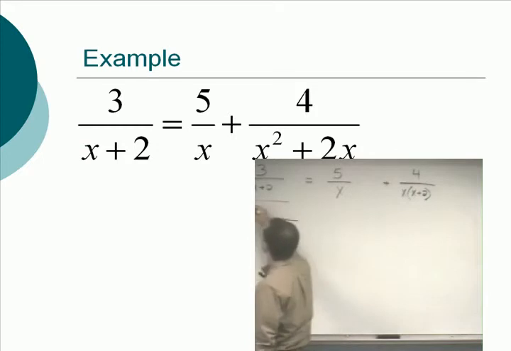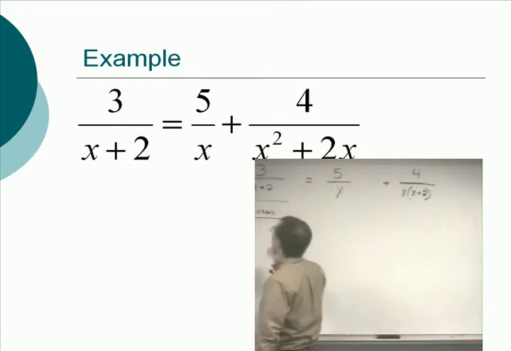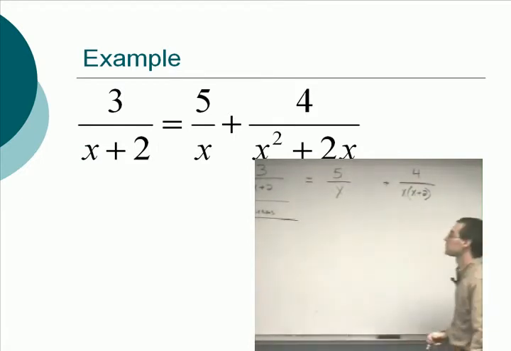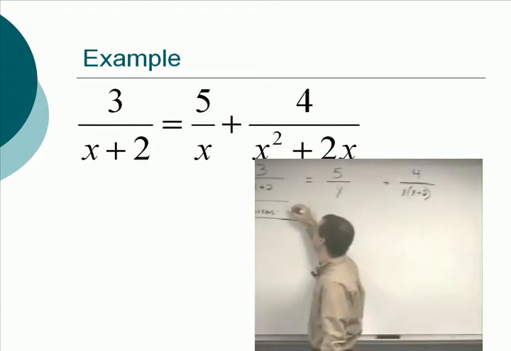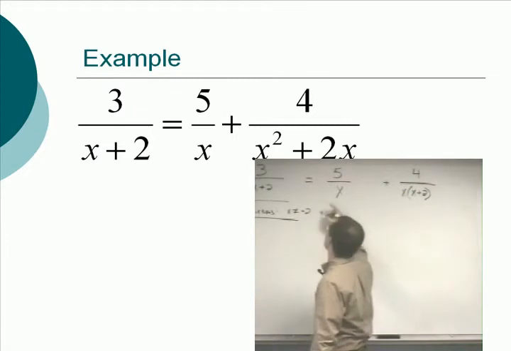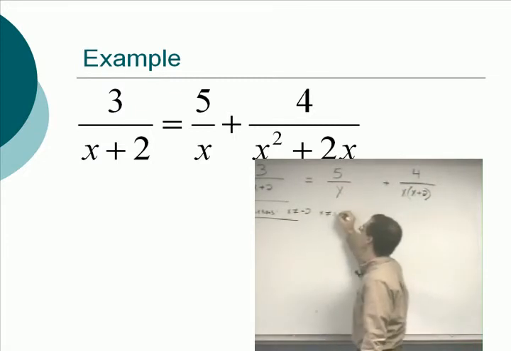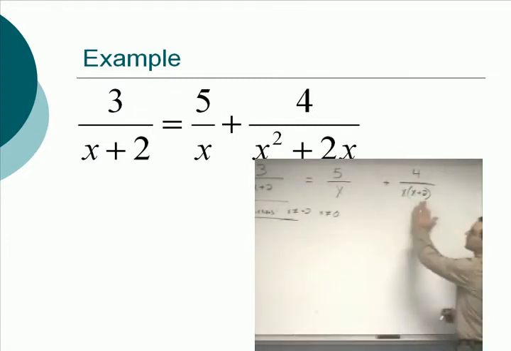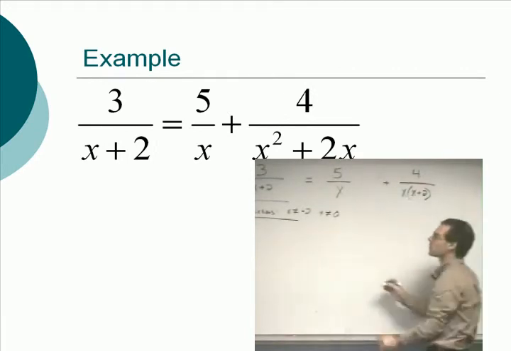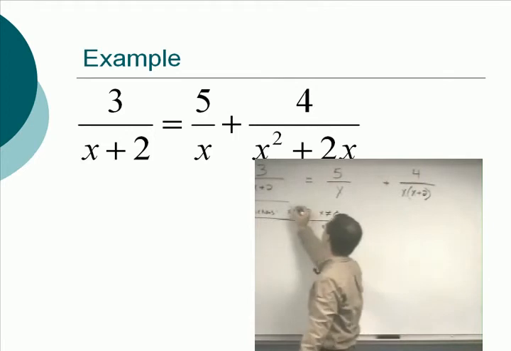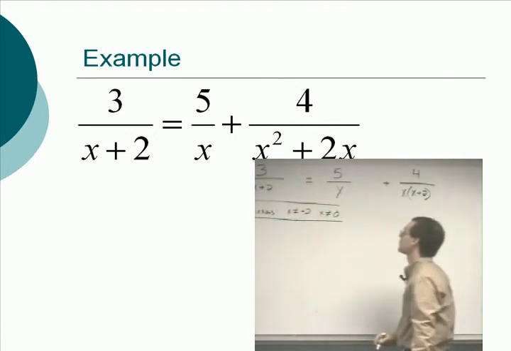Let's make two notes here. First of all, what are the restrictions? Negative 2 and 0. Here, x can't be negative 2. Here, x cannot be 0. And here, same ones, negative 2 and 0. So those are our two restrictions. Hopefully, we will get solutions other than negative 2 or 0.